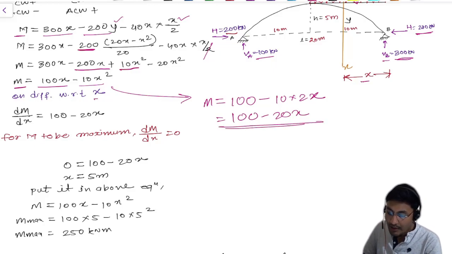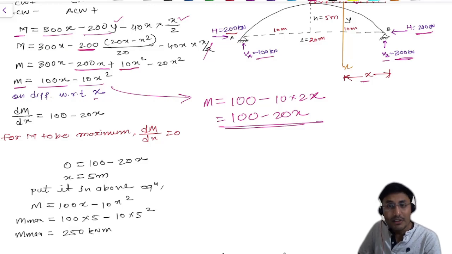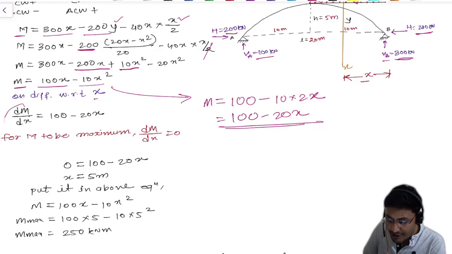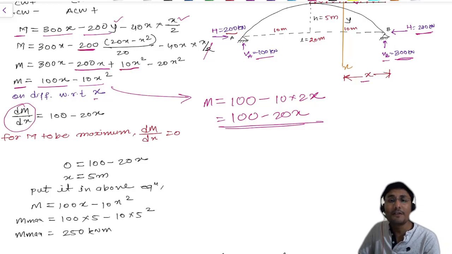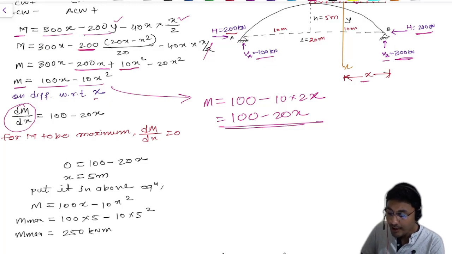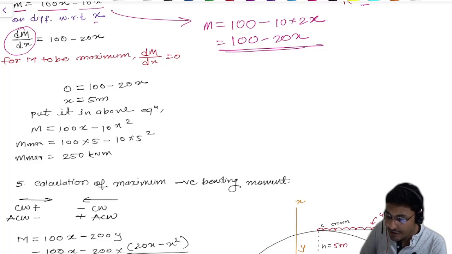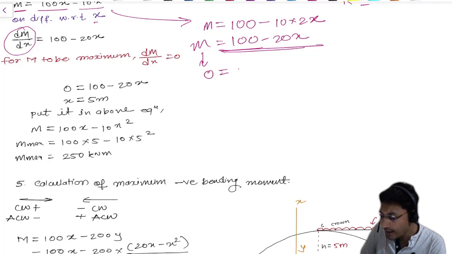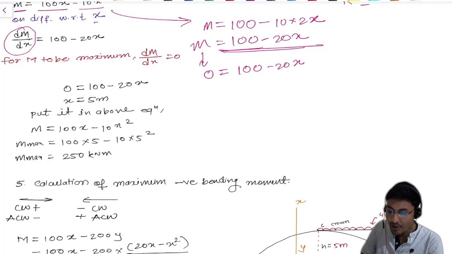True? Now we are considering that this moment is to be maximum. So we are taking the differentiated equation equal to 0 for the condition of equilibrium. If we consider dM by dx equals 0, our equation becomes 0 equals 100 minus 20x.